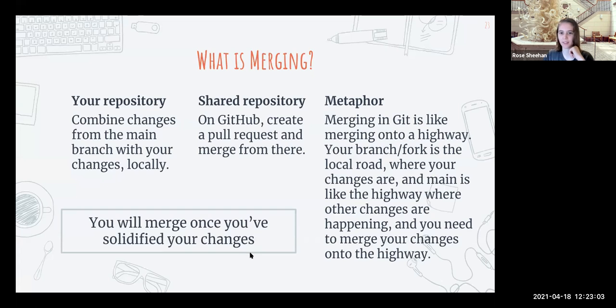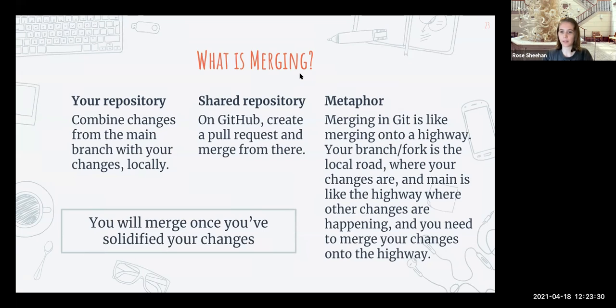And I'm going to move you guys out of the way. There we go. So what exactly is merging? There are two different ways to think about merging. One is doing merging locally. This is more typical if it's a repository that you're working on versus an open source project.